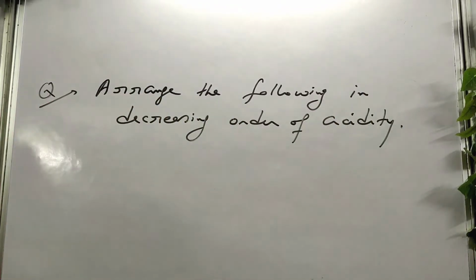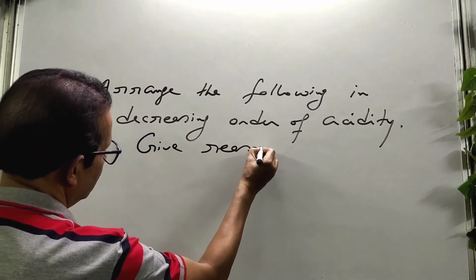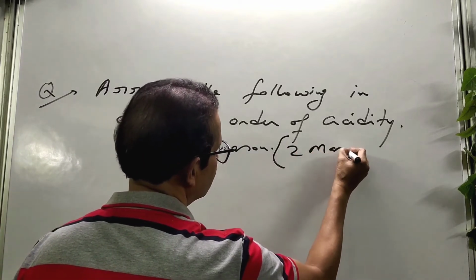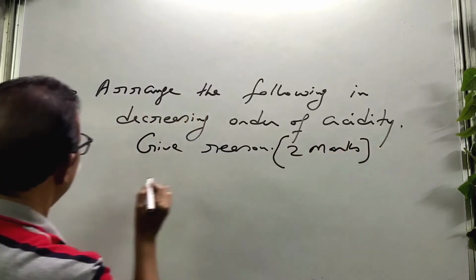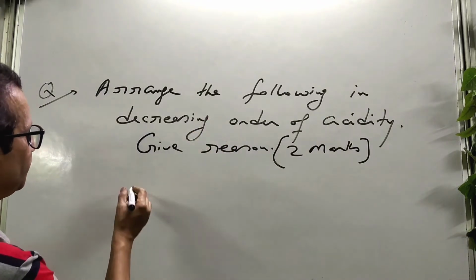Okay, the question is, arrange the following in decreasing order of acidity, give reason. If this type of question comes, it carries 2 marks. This is an exam question, obviously a previous year's board question, okay?